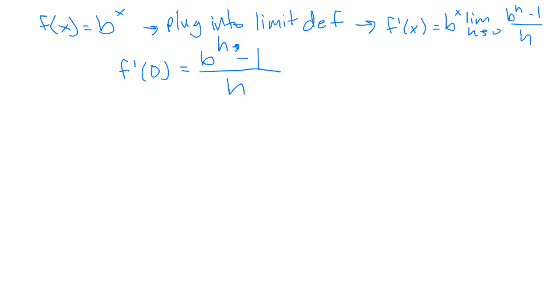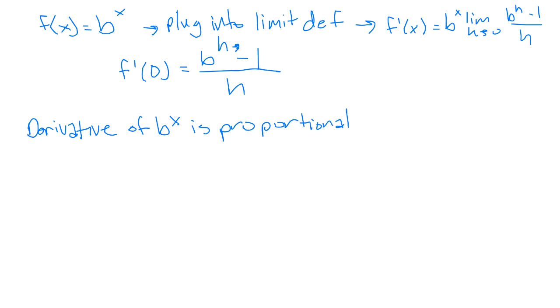So essentially what we can say is that our rate of change, or our derivative, of our exponential function b to the x is proportional to the function itself.